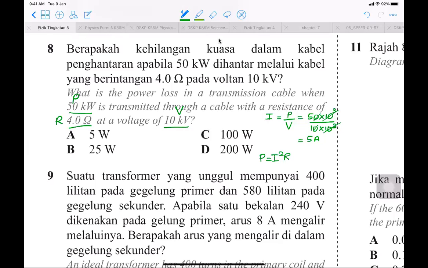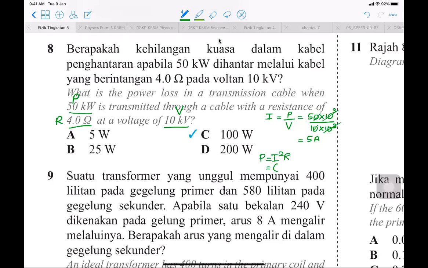Yang lain? Okay. Check. Answer is, yeah, 100. Answer should be 100.